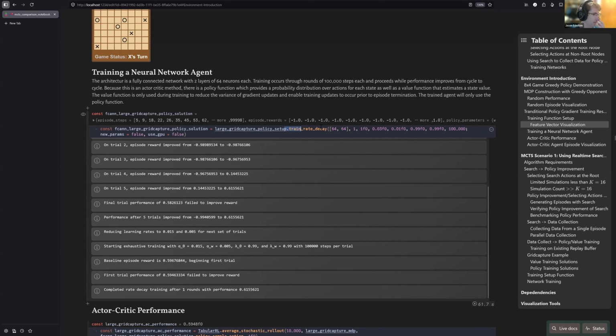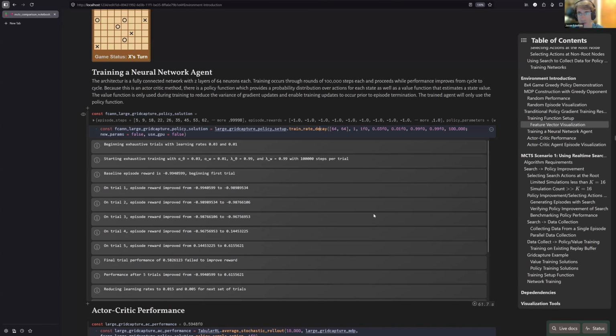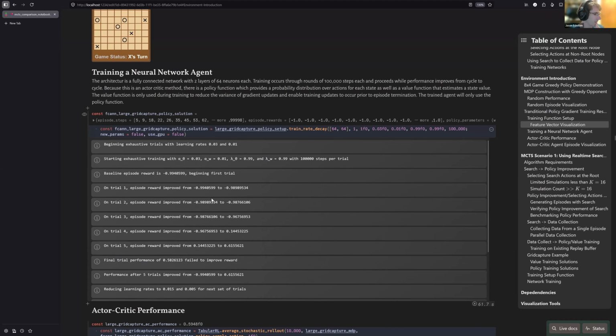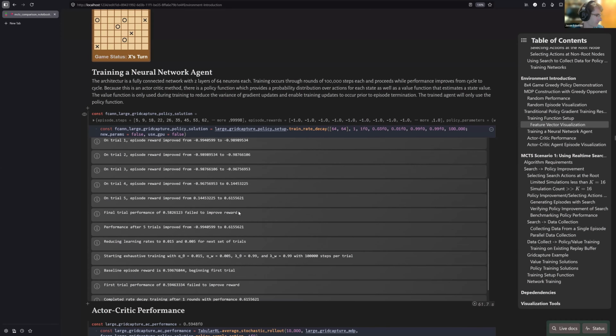Now, this training function also trains over multiple rounds and tracks the performance over each round. So here you can see initially the baseline reward is a value close to -1, and then as training proceeds, it slowly improves. It actually has a very rapid improvement after some very minor improvements.